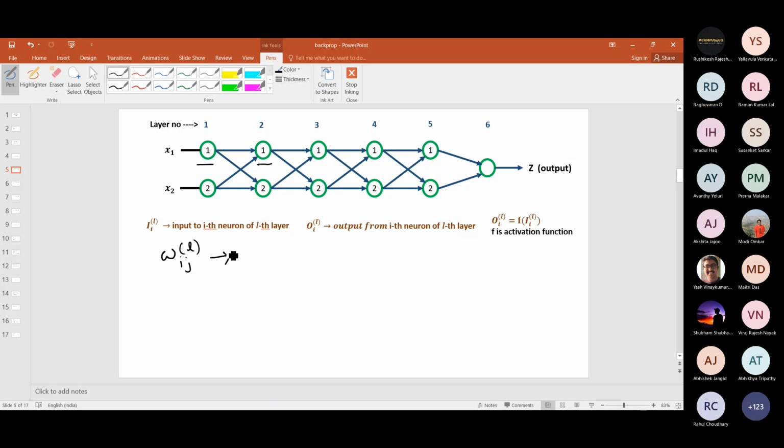Remember that for every pair of consecutive layers, layer 1 to layer 2, you have a set of weights, which is nothing but a matrix, like an M cross N matrix. You have one for every layer.